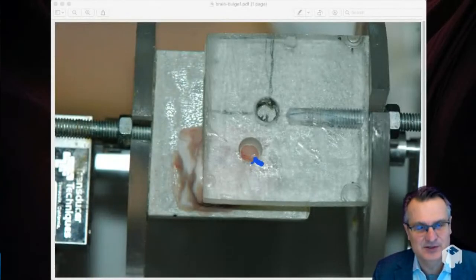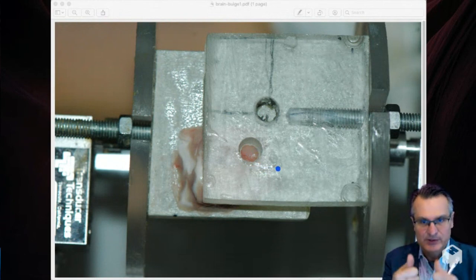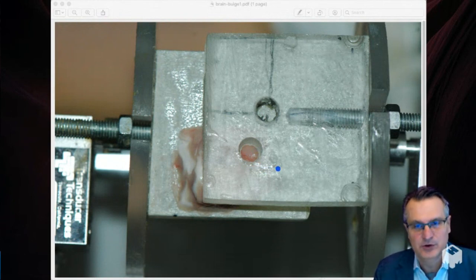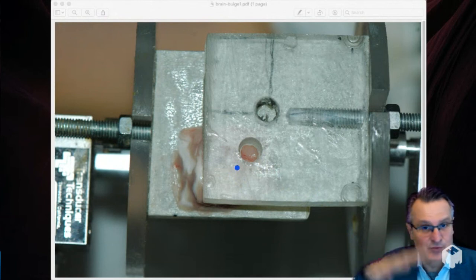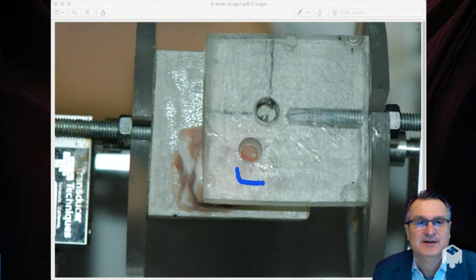It's hard to capture on the picture, but with the naked eye, you could see that the brain was bulging through the hole. That means that we have to provide a normal force to keep it flat, to create the perfect simple shear.